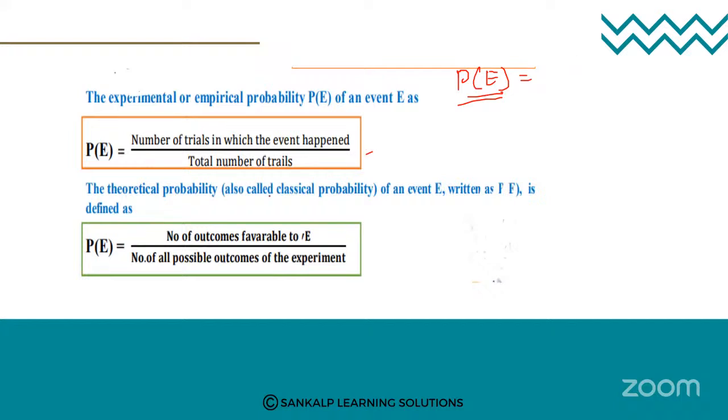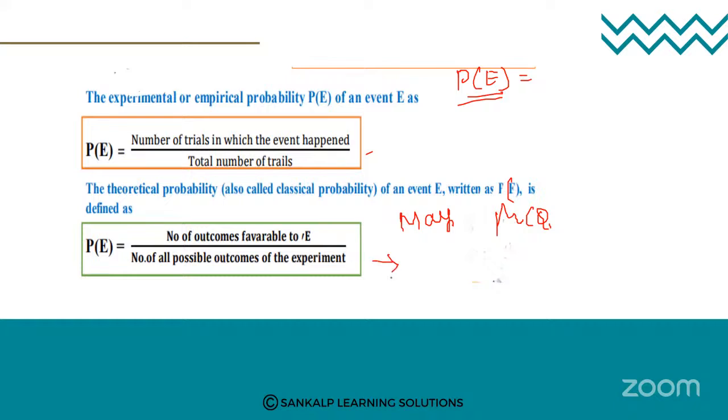Okay. The theoretical probability is also called classical probability. This formula can be asked as a 1 mark question, or in an MCQ. P of E of an event E is defined as the number of favorable outcomes divided by the number of all possible outcomes.